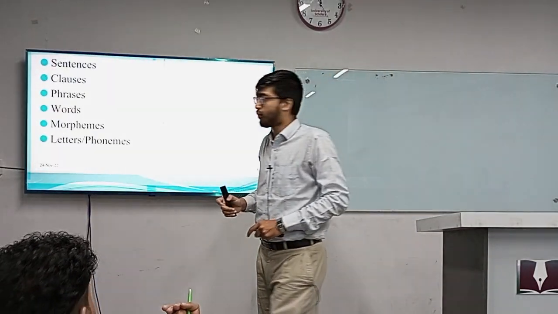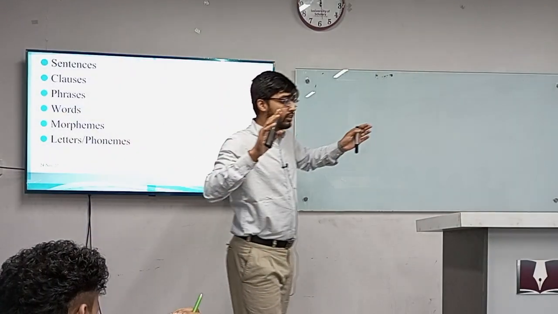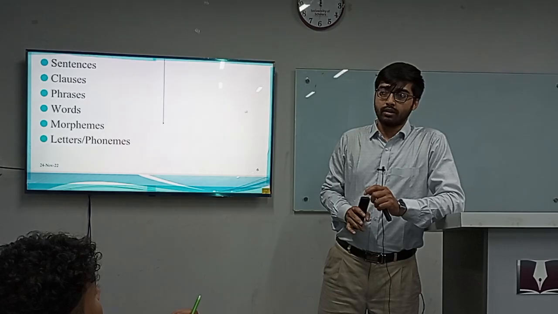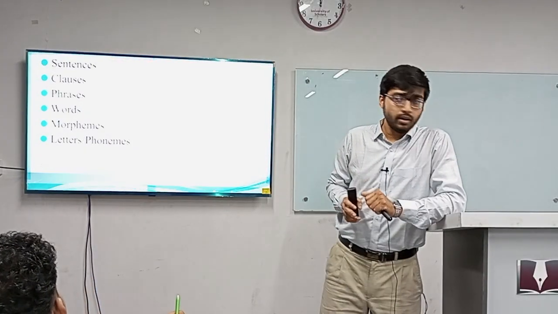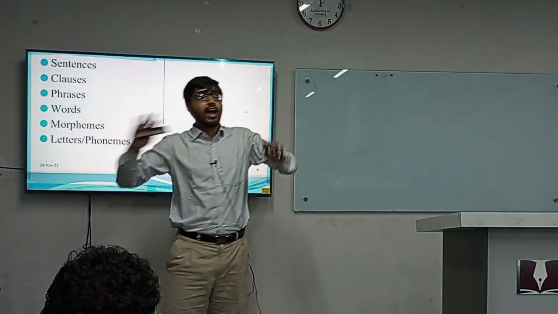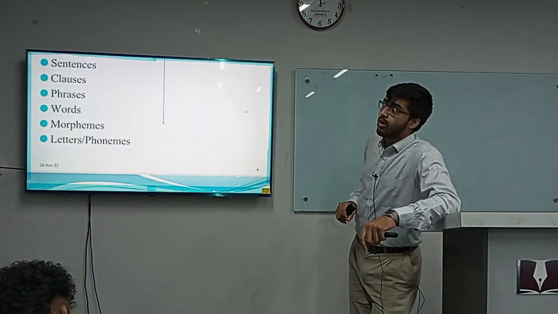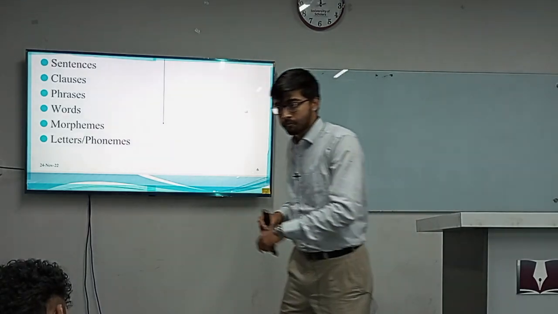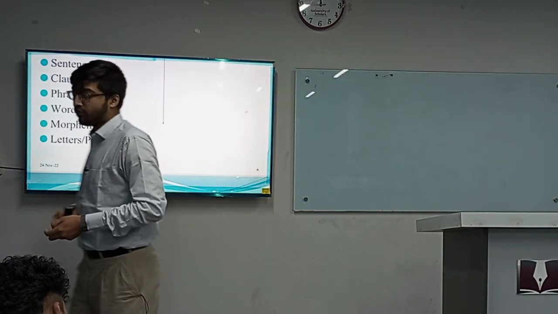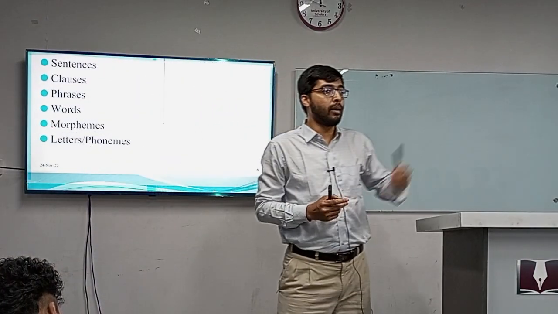Meaningful unit, morphemes. Then words. Words are the holistic meaning. Morphemes do have some meaning, but words have a holistic meaning. That means books, university, man, women, spectacles, camera, mobile phone, marker.